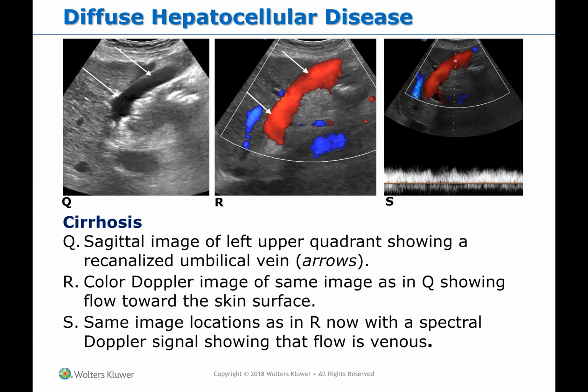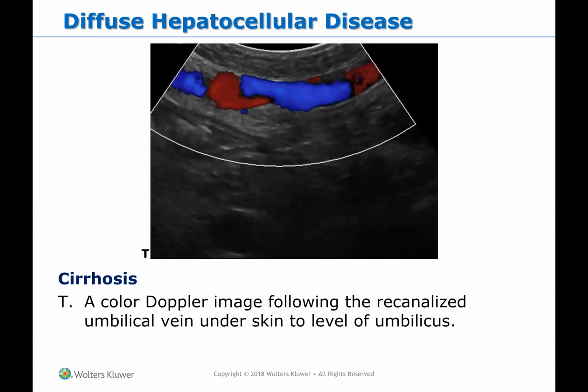So it can be like, hey, we've got to get blood flow around here. So it can actually open back up, which is nuts. So if you see that big old collateral there, it decides that it has to get the blood flow somehow, so it just opens back up.